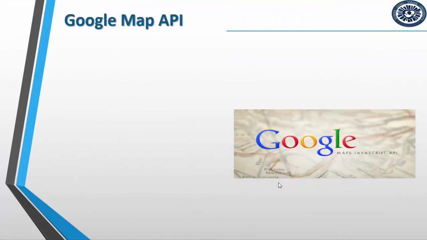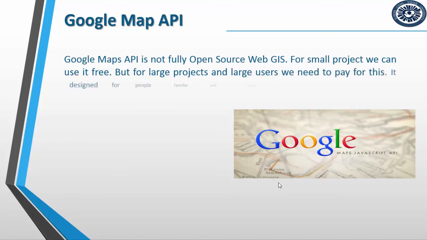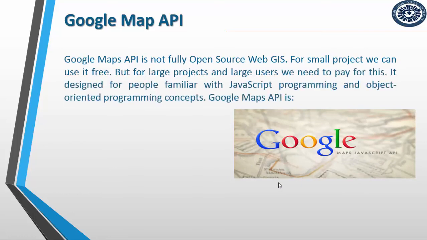Google Maps API. As we already said, Google Maps API is not fully open source web GIS. For a small project, we can use it free, but for large projects and large users, we need to pay for this. It is designed for people familiar with JavaScript programming and object-oriented programming concepts.